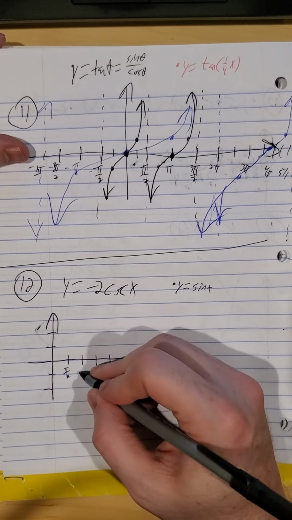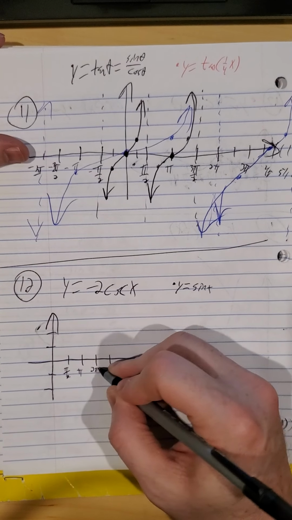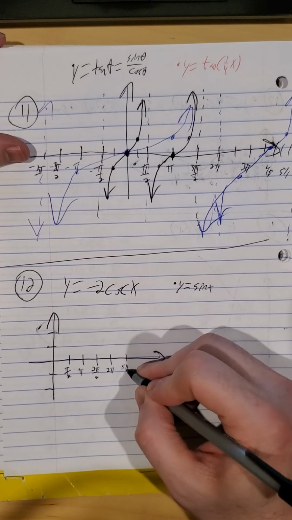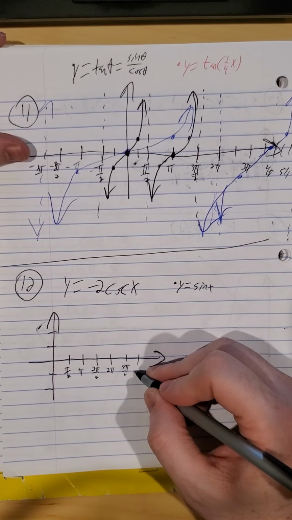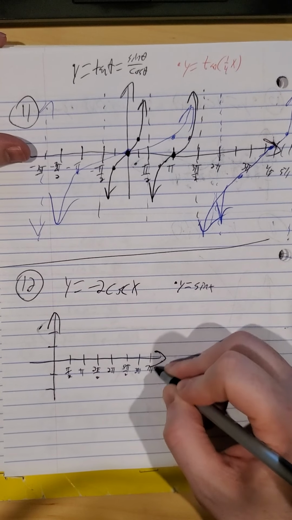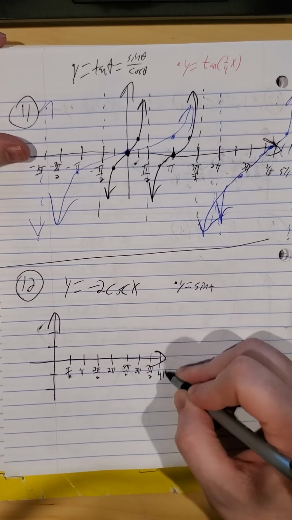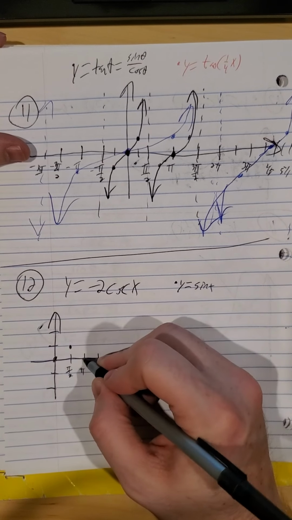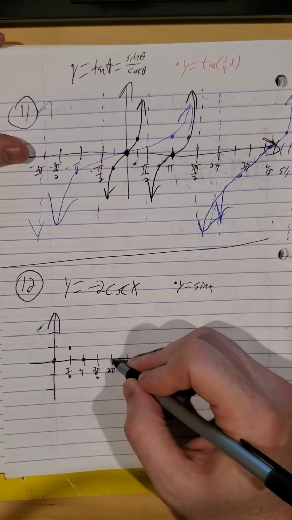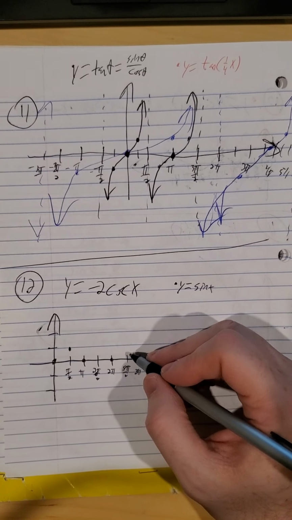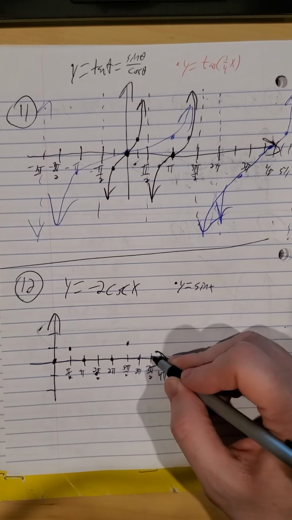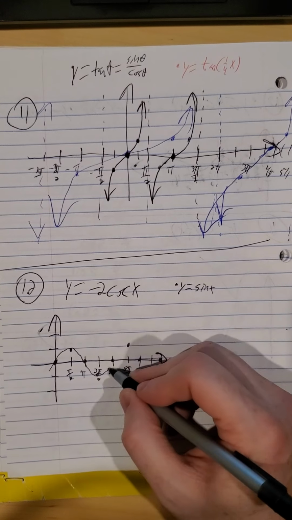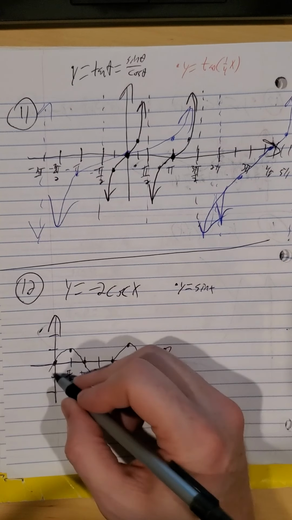So a usual scale for sine there. So sine of 0 is 0, sine of pi over 2 is 1, sine of pi is 0, 3 pi over 2 we're at negative 1, and then we're back at 0 at 2 pi. And then that cycle happens again.